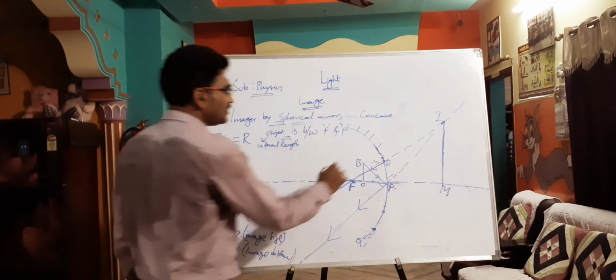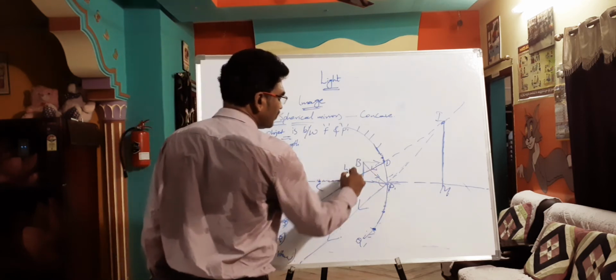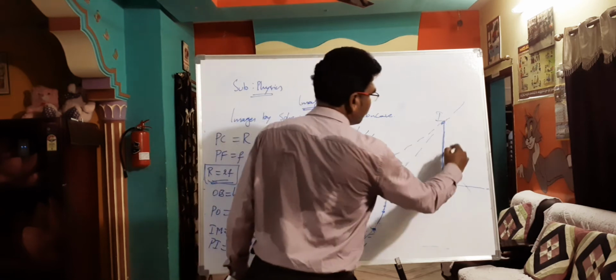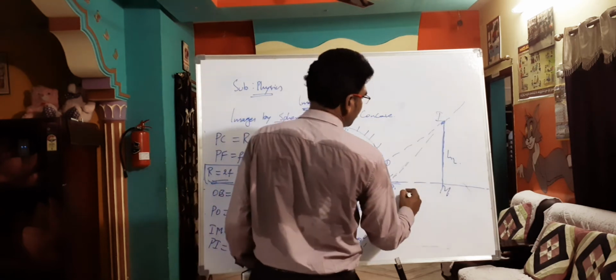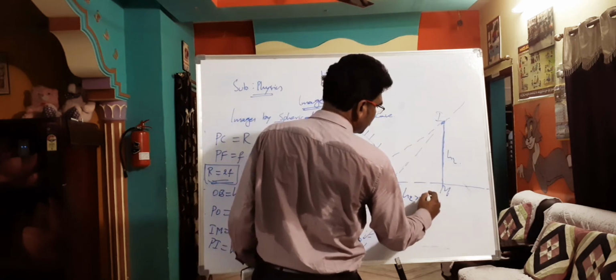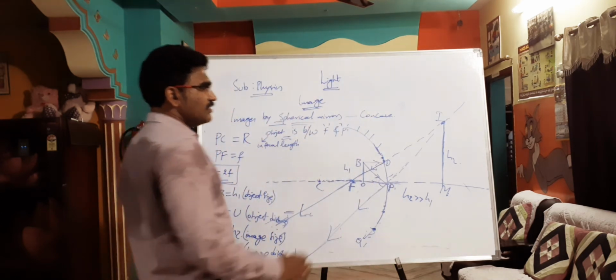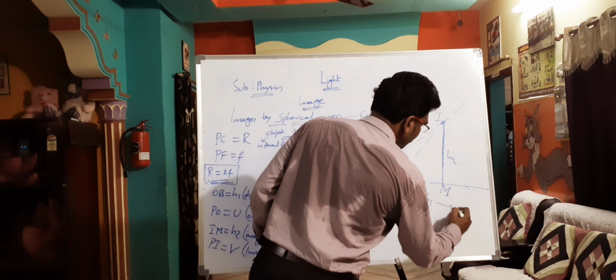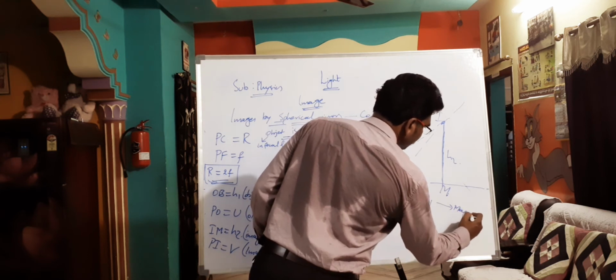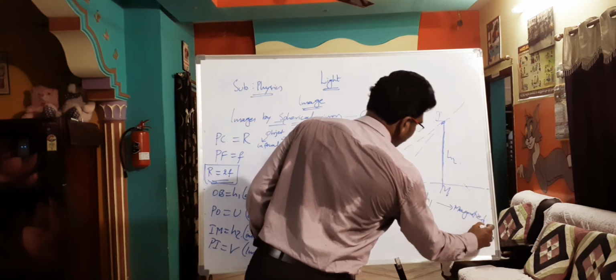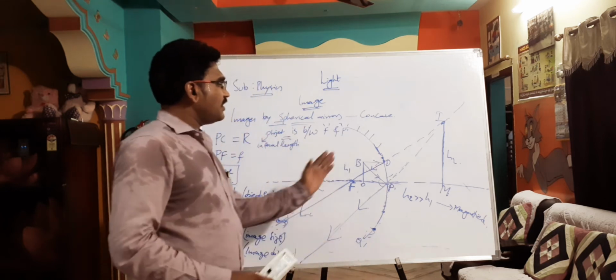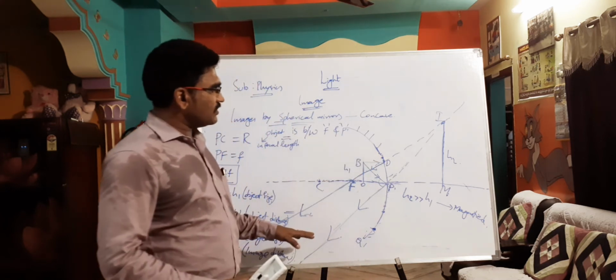But you see, this is OB, H1, the object size, IM, the image size, but here H2 is much greater than H1. So what type of image are you going to get here? You are going to get a magnified image.